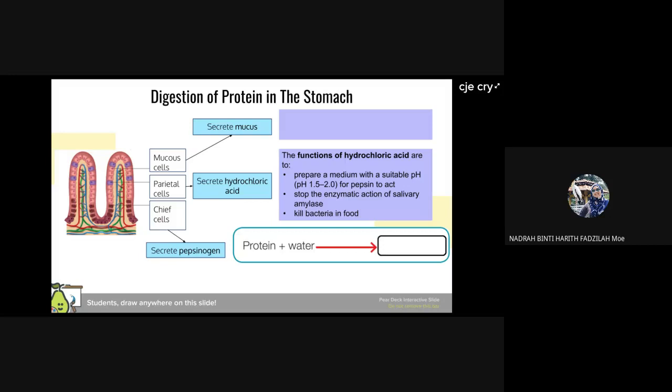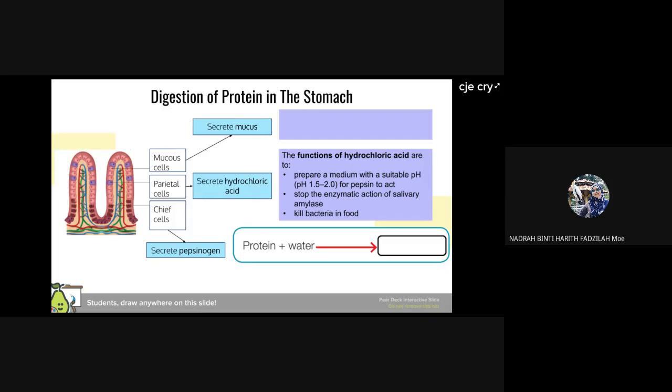So, as you mentioned before, the mucus cells secrete mucus where the function is to protect the stomach wall from the reaction of hydrochloric acid and also digestive enzyme. Sebabnya hydrochloric acid ni sifat dia menghakis, korosif kan. So it might hurt the lining of our stomach. So that is why mucus is important.